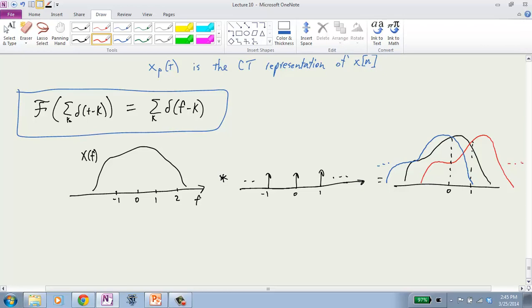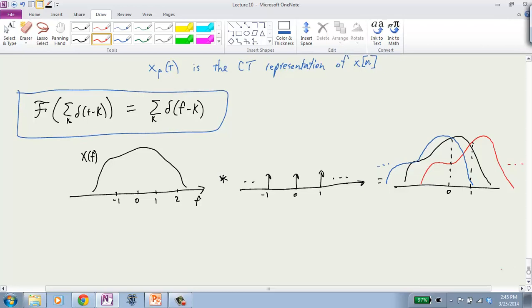Okay. Now, the problem is that when you add these together, we're going to consider that to be bad, because we now have different parts of our input signal that are indistinguishable once they've been added together in the sampling. This is aliasing. Yes? Yes, these are all x of f with different shifts.